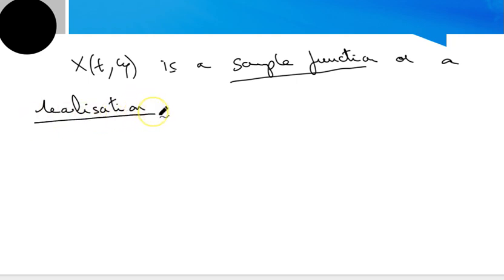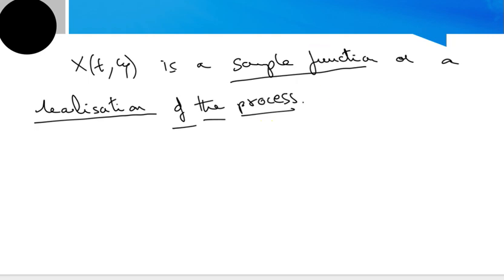So it is important for us to understand the relationship between x of t comma eta, how the function behaves when t is constant, when both t and eta are constants, and to visualize it as a mapping.